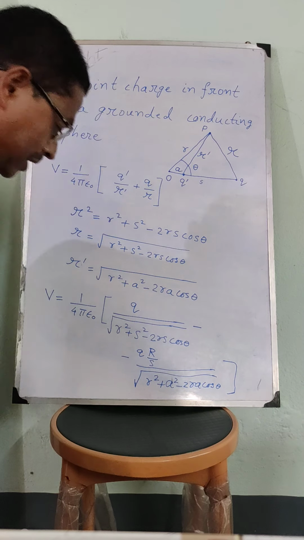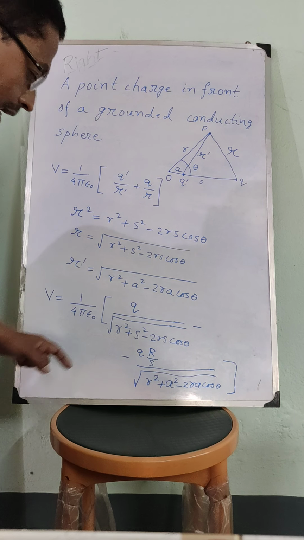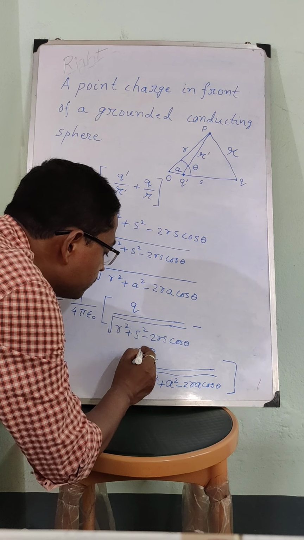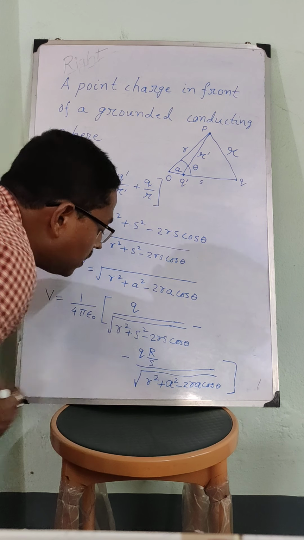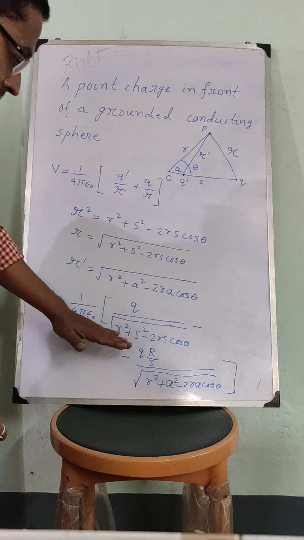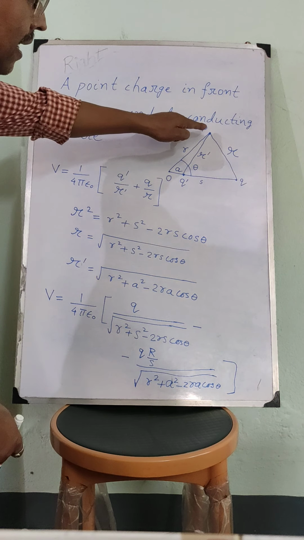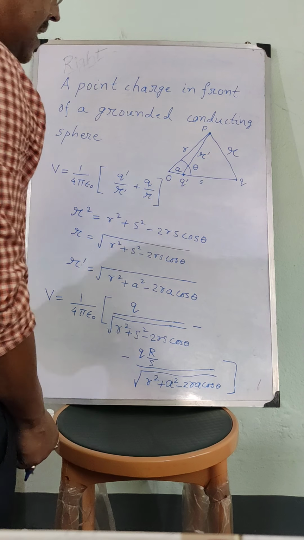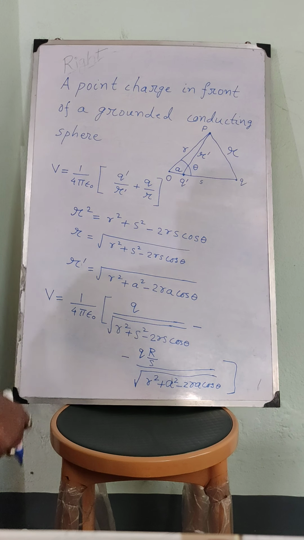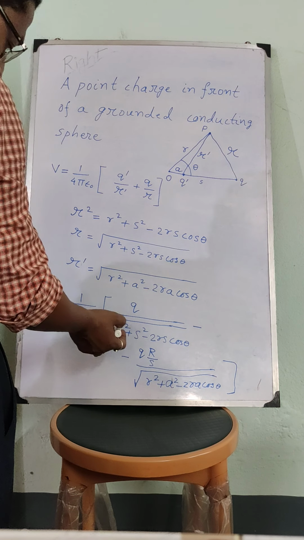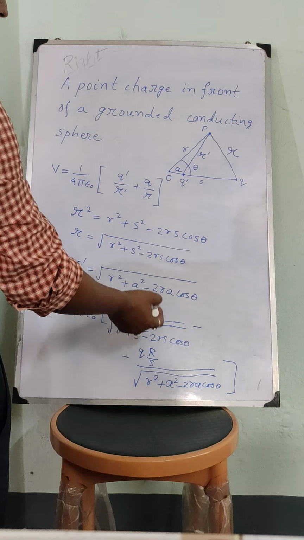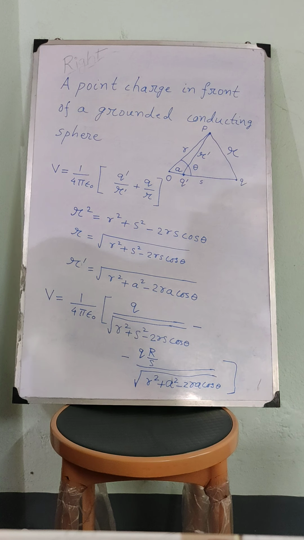So this is the expression of the net potential at an arbitrary point P due to the two point charges q and q prime. Okay, now we will see whether this expression of the potential is satisfying our boundary conditions or not.